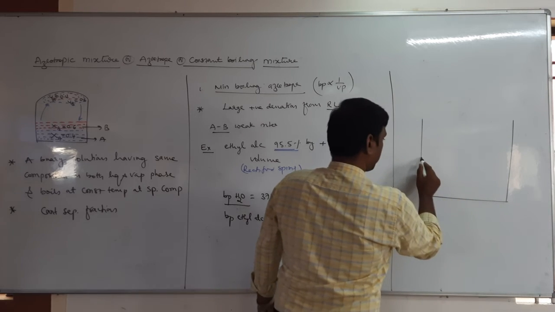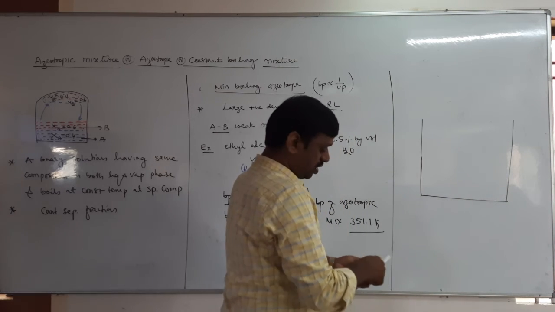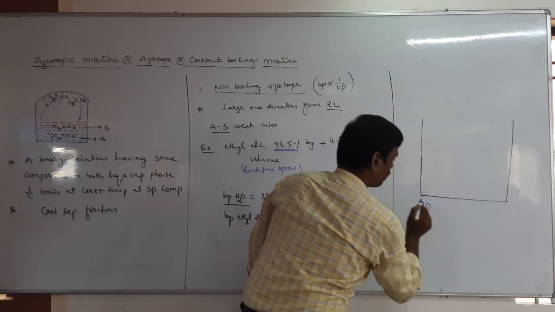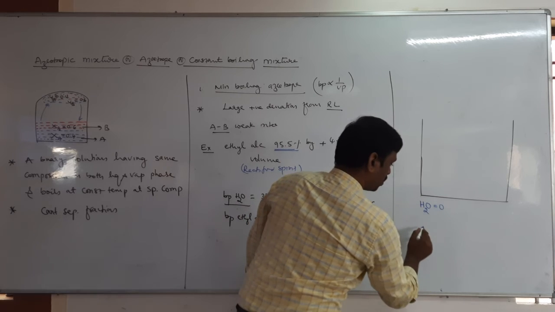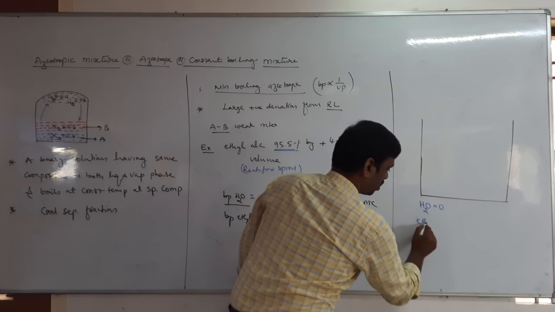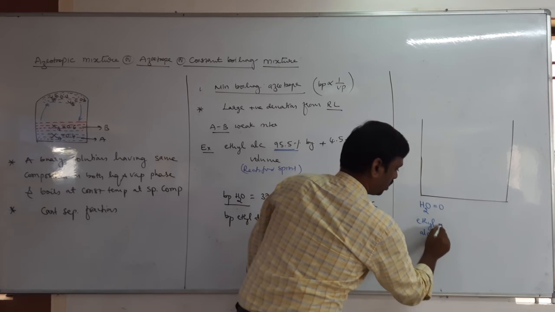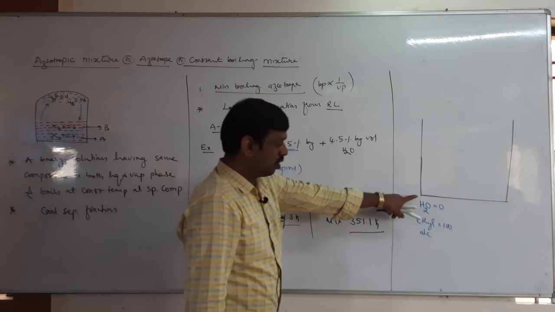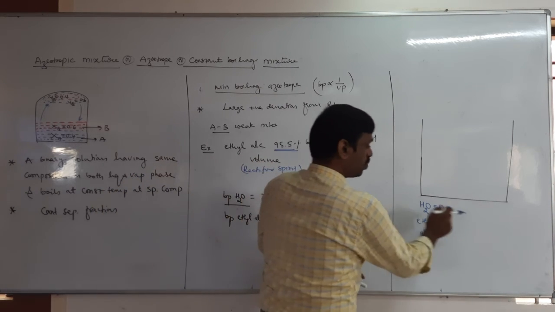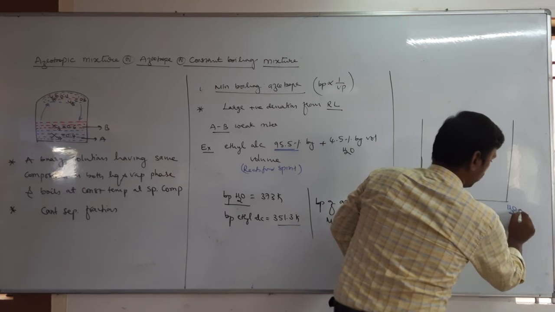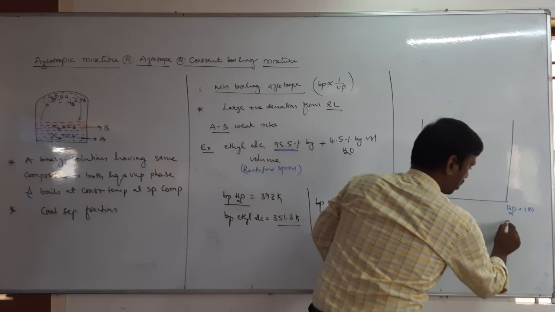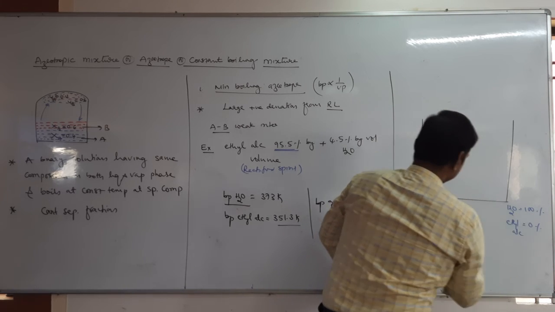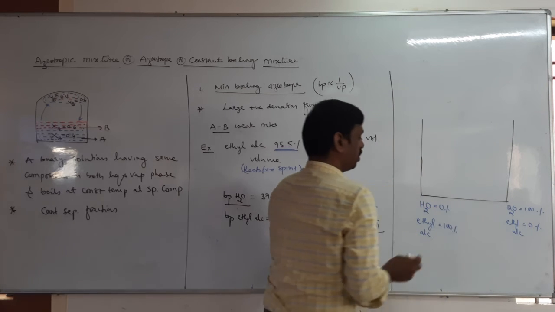Are you following? Now let us take mole fraction or composition on the x-axis. I will take water as 0%. When water is 0%, what is ethyl alcohol? Ethyl alcohol is 100%. Here water is obviously 100%, then ethyl alcohol is 0%.